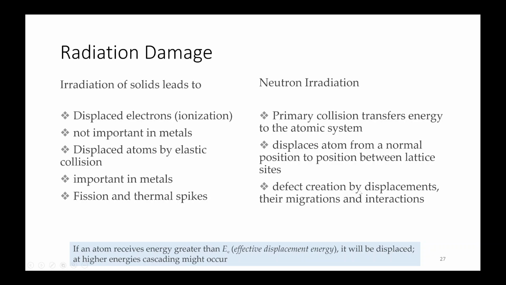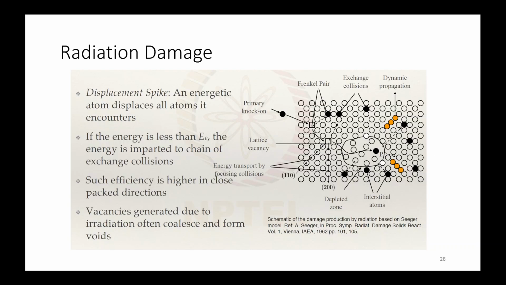There will be defect creation by displacements, their migration and interactions. If an atom receives energy greater than Ed, which is the effective displacement energy, it will be displaced. At higher energy, cascading might also occur. A displacement spike is when an energetic atom displaces all atoms it encounters, and if the energy is less than Ed, the energy is imparted to a chain of exchange collisions.